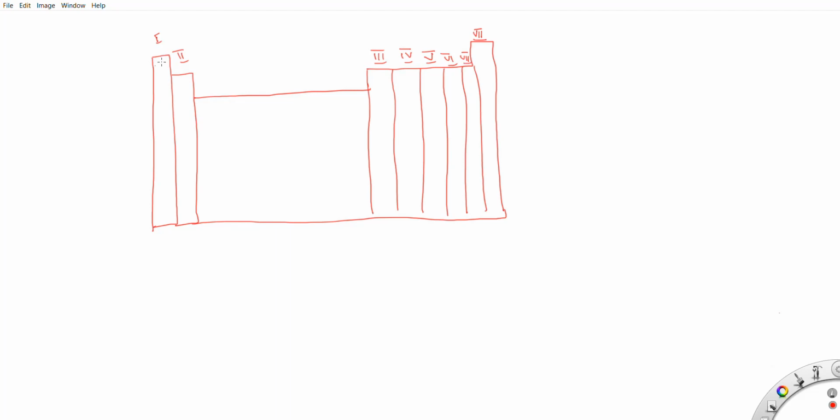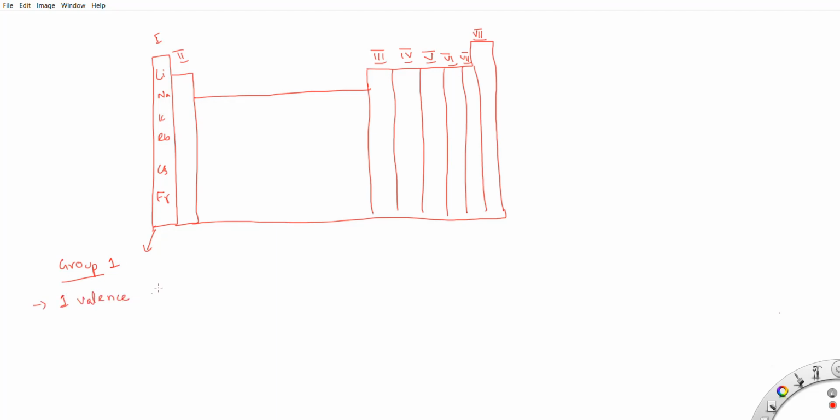Because every element in the groups, let's say we are considering lithium, sodium, potassium, rubidium, cesium, and francium here. Whatever elements are placed in group 1 have one valence electron.